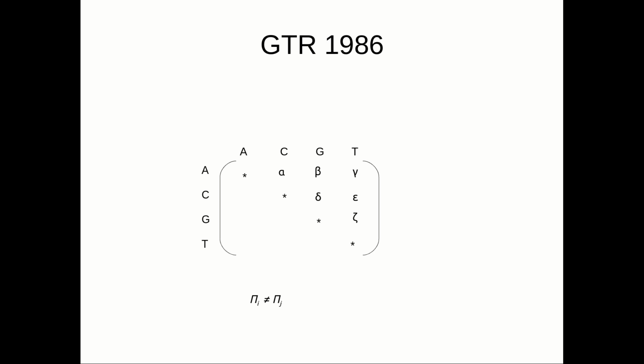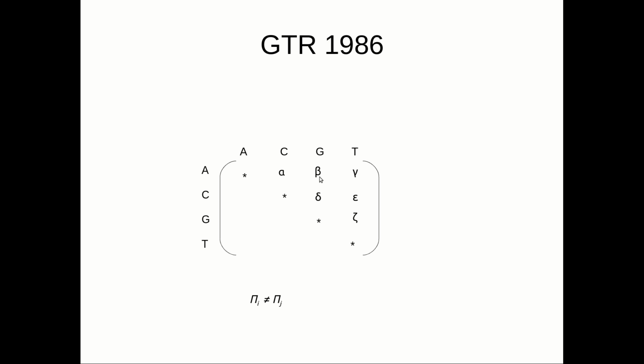And then finally, the most general time reversible model that we can come up with for 4 states is the general time reversible model of nucleotide substitution that was introduced in 1986. Here every rate is different, so we have a total of 6 rates: alpha, beta, gamma, delta, epsilon, and zeta. And the stationary frequencies also do not need to be identical. Of course, you can come up with many more intermediate models between GTR and HKY 85.